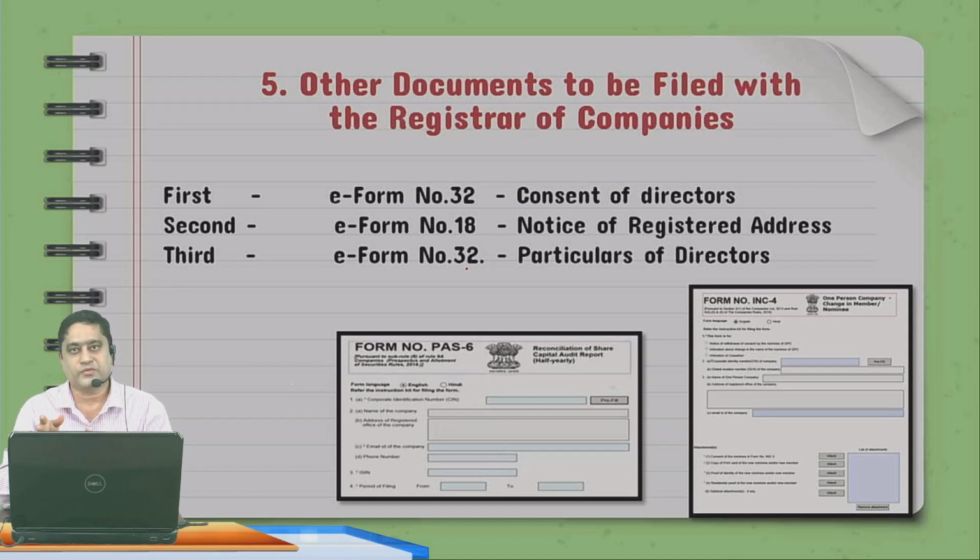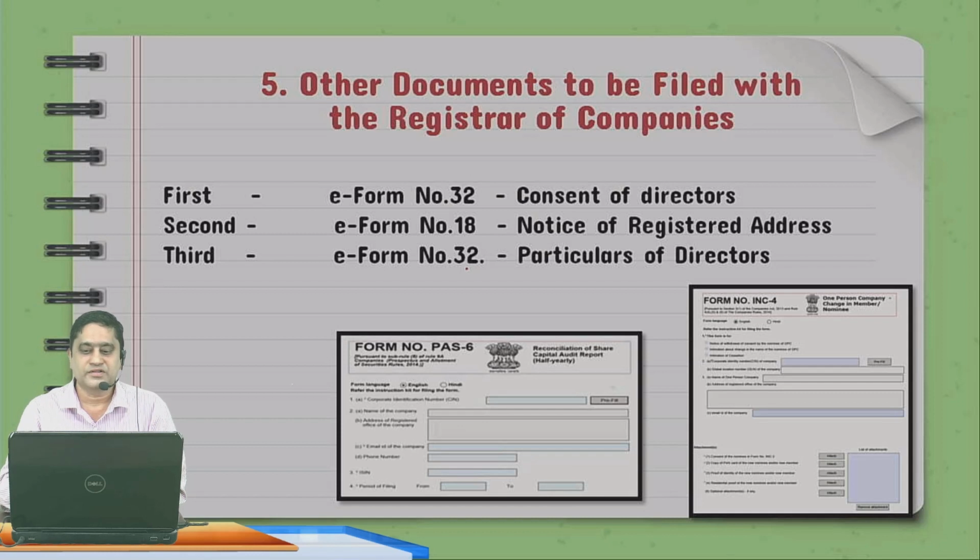Whatever the company decides should be the registered address has to be filled up in form number 18. E-form number 32 deals with the particulars of the director: age proof, address proof, qualification, permanent address as well as current address, each and every detail, the number of shares the director has purchased, the consent form, digital signature, and DIN number, which are also mentioned in form number 32.